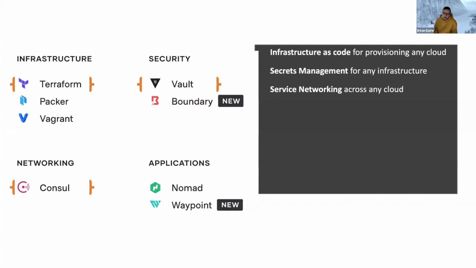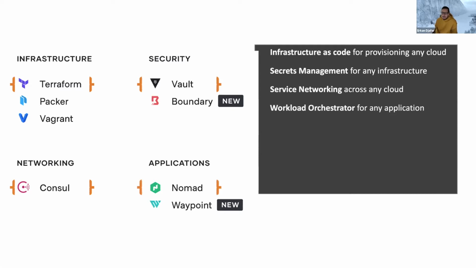And what we're going to be focusing on today is a lot around service networking. Christoph is going to do a deep dive into service networking and talk a little bit about why modern workloads need a mesh. So this is going to be a very interesting session, talking about the capabilities of one of our products in the networking area.